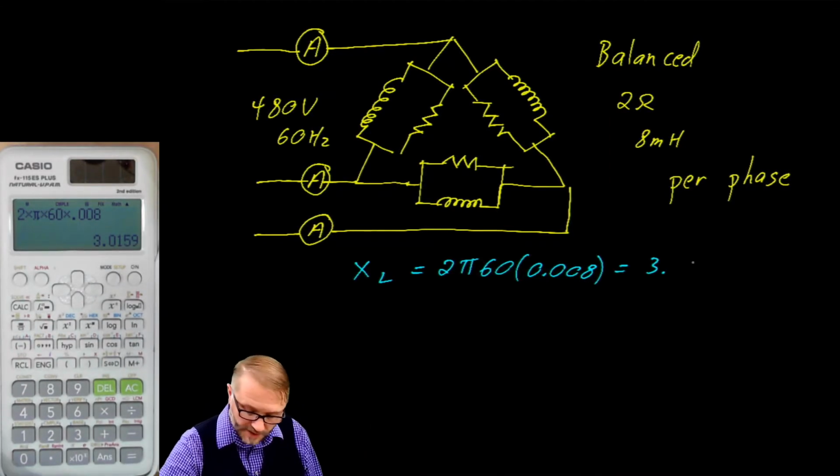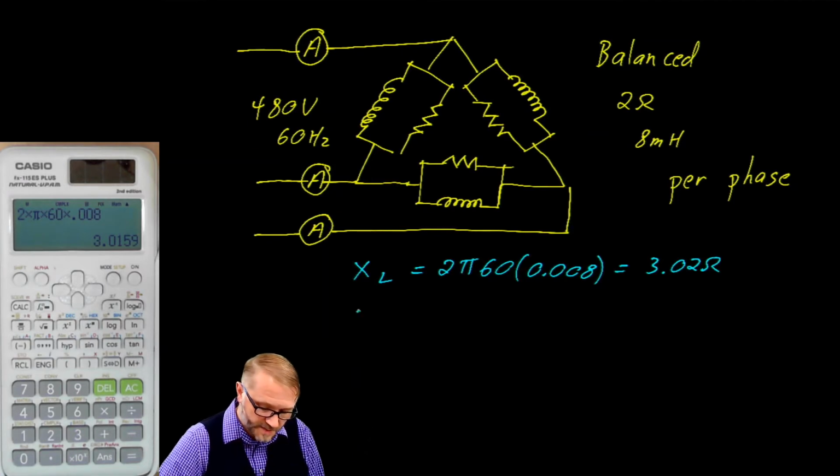We'll call it 3.02 with 3 sig figs, which means the impedance of the inductor is j3.02, for a total phase impedance of 2 in parallel with j3.02.